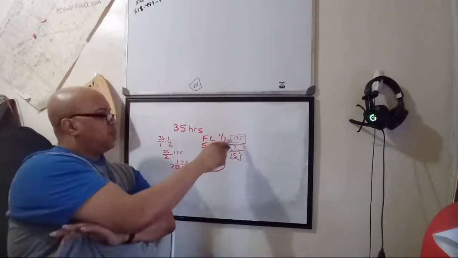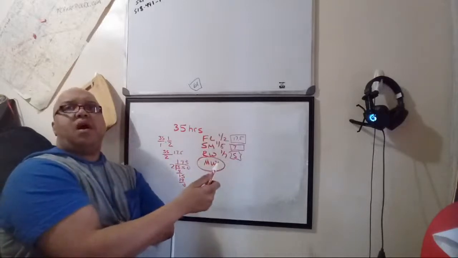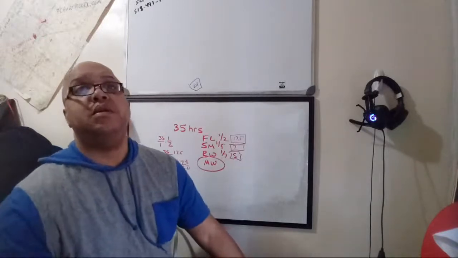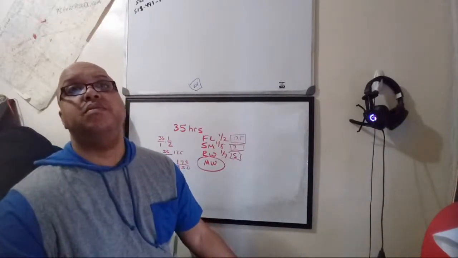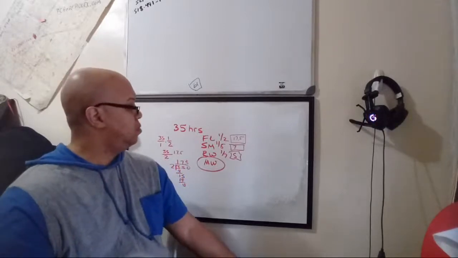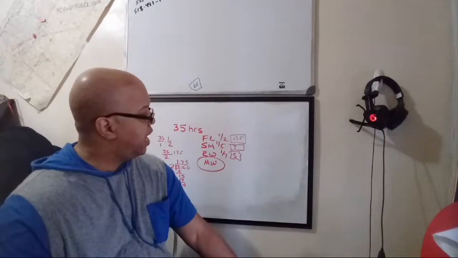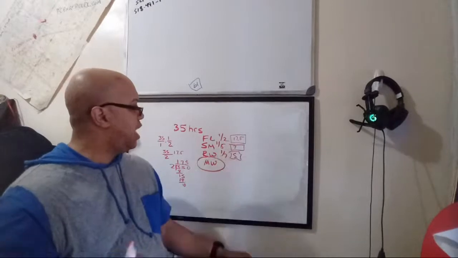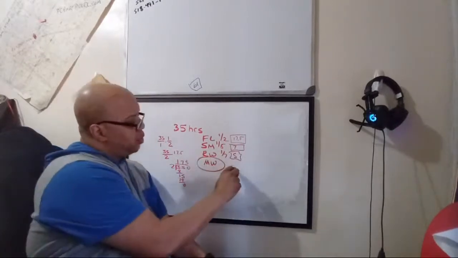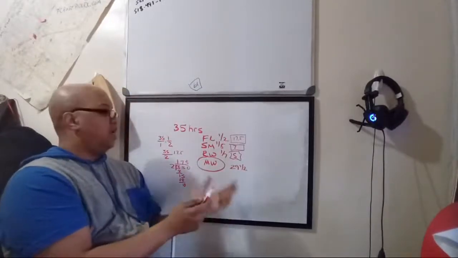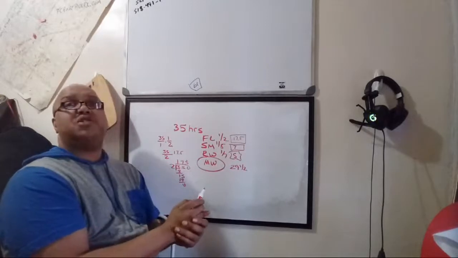So somebody total up these hours for me, please. 17.5, 24.5, 29 and a half. All right, so 29 and 1/2 hours are dedicated to these other tasks, and the other one is messenger work.